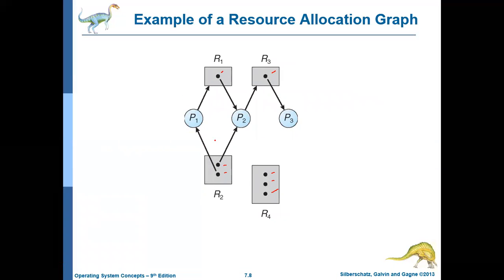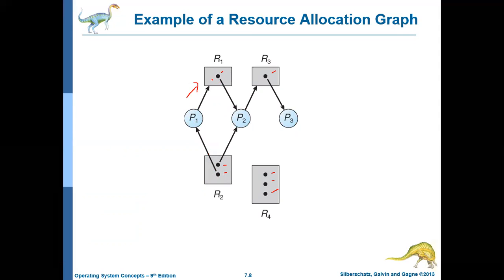So what this graph says is that one instance of the resource R2 is already assigned to the process P1. And P1 is requesting the resource R1.